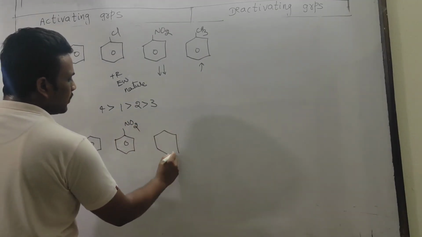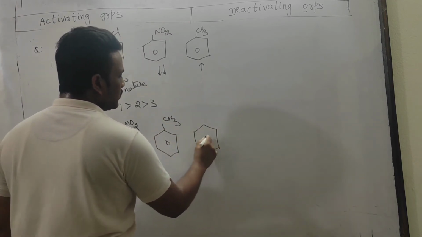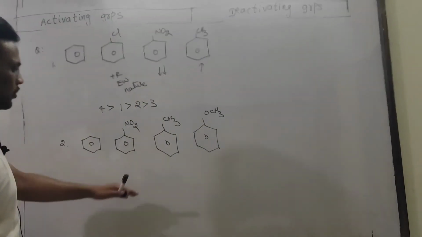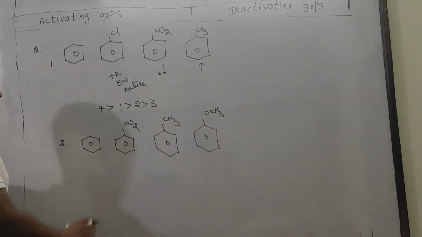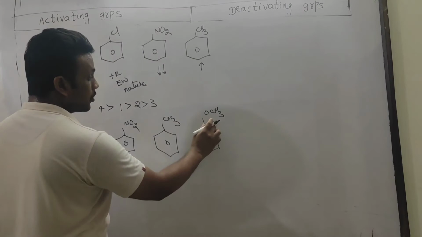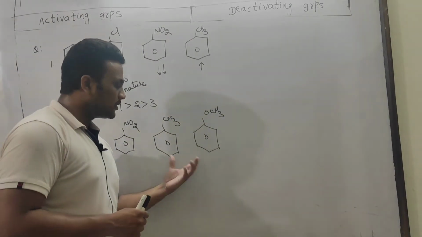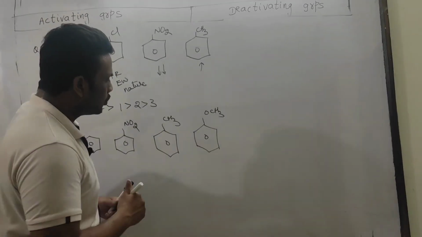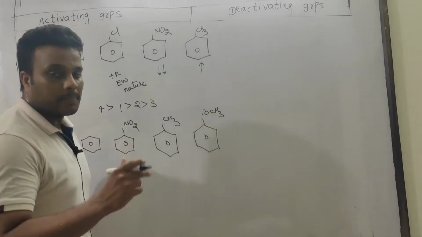Suppose you are given like this, methyl group, OCH. This is a JEE Mains question. When you are given this particular compound, the four compounds we are given, we know there is a strongly electron withdrawing group, and electron donating groups. Generally students get confused and face problems here when two donating groups are there. How to understand? You know, this is a donating group because of resonance, this is a donating group because of hyperconjugation.